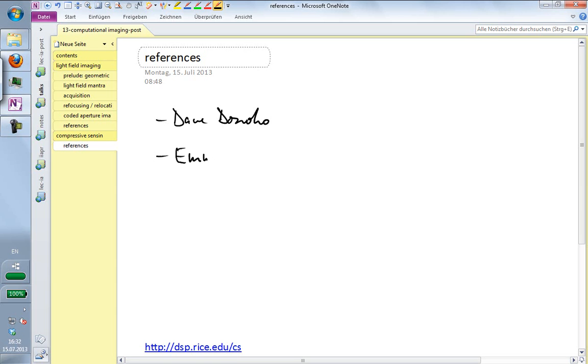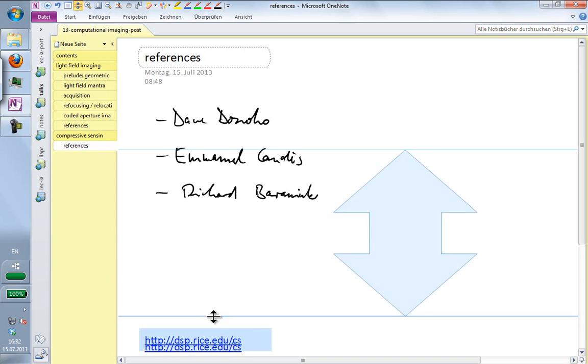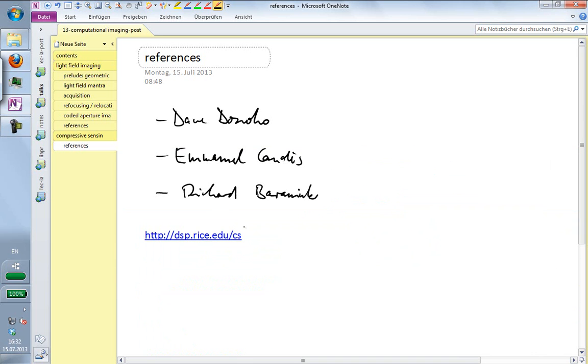Then there's Emmanuel Candès, who has been working on this, and some of the interesting applications come from the lab of Richard Baraniuk, who also maintains this very extensive web page here with hundreds of links to pretty much every compressive sensing paper, I have the impression at least, that has been written.